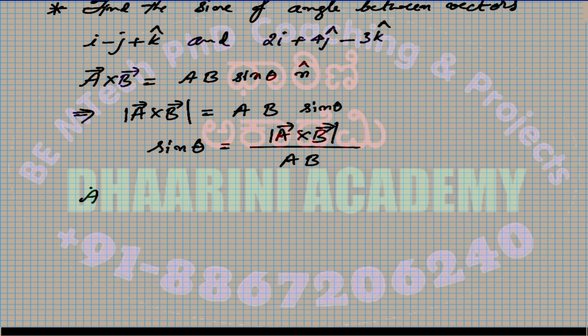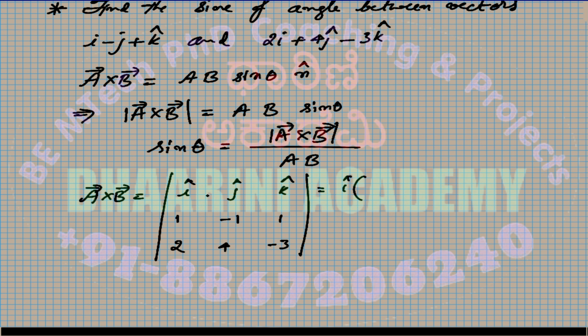A cross B is the determinant of i, j, k; 1, -1, 1; 2, 4, -3. This equals i cap into 3 minus 4, so minus 1, minus j cap into -3 minus 2, so minus 5, plus k cap into 4 plus 2, so 6.